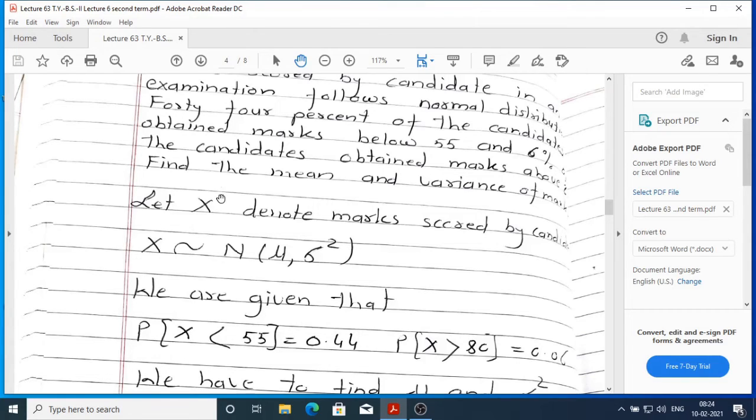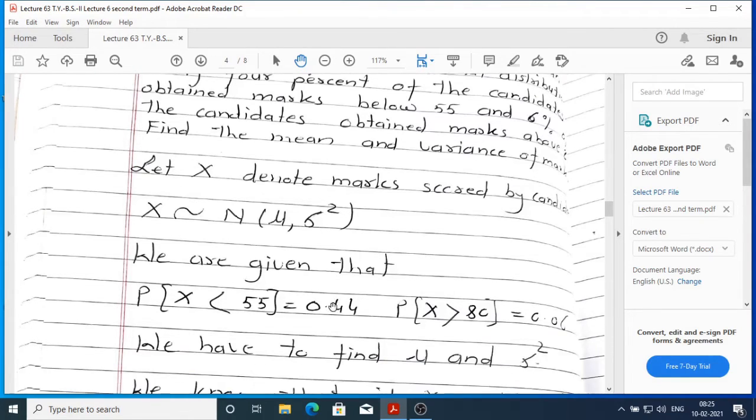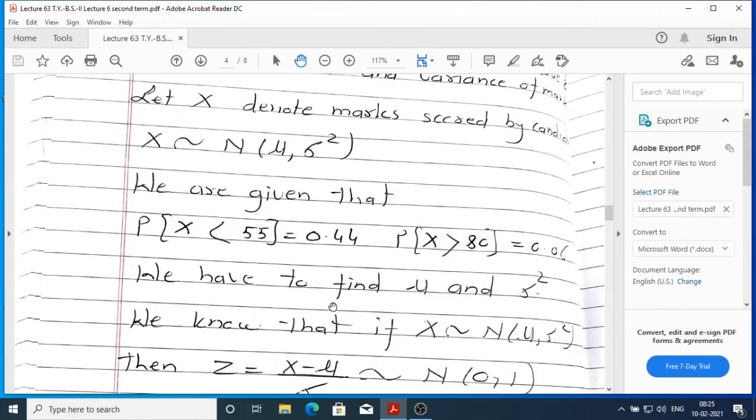So see the solution. Let x denote marks scored by a candidate. X follows normal with mu and sigma square. We are given that probability x less than 55 is equal to 0.44 because 44% students obtained marks below 55, and 6% of candidates obtained marks above 80.